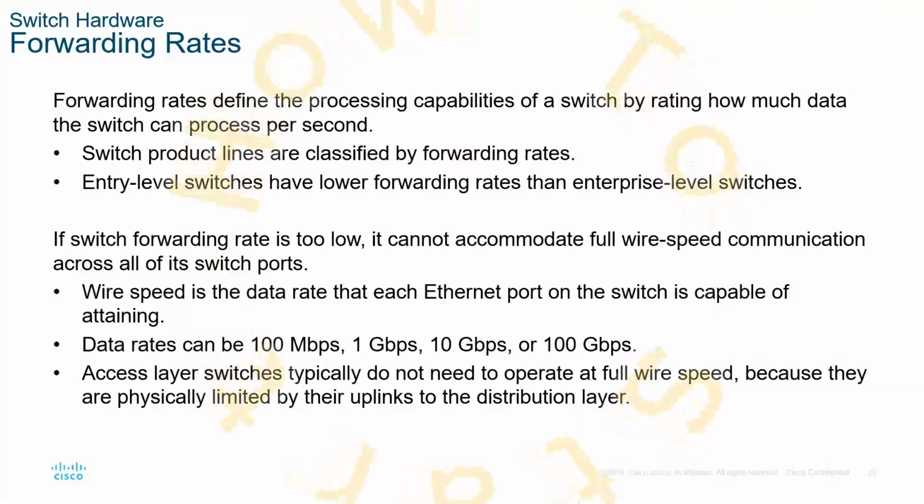Well, if they have 24 100 megabit connections, if the switch is operating at 100% capacity, it's going to be able to process 2.4 gigabits per second on that local switch. However, the local uplink might only be a 1 gig uplink. So you may have 2.4 gigabits worth of data being able to be transmitted, but if you're limited by the uplink of 1 gig, you're limited at that data rate.